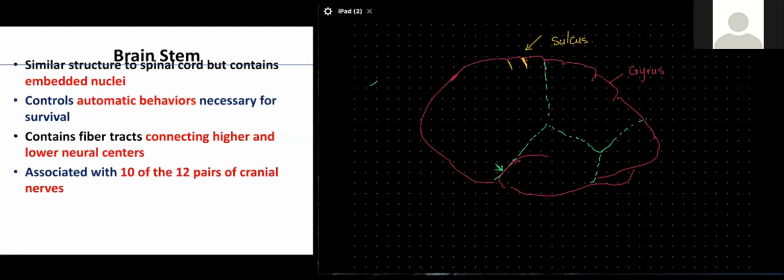We have five lobes of the cerebrum that correspond to the different cranial bones. Remember, we've got frontal, parietal, occipital, and temporal. And here will be the insular lobe or the insula. Those are the different lobes of the cerebrum.